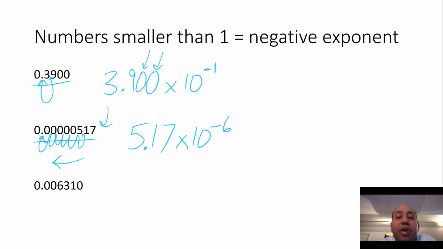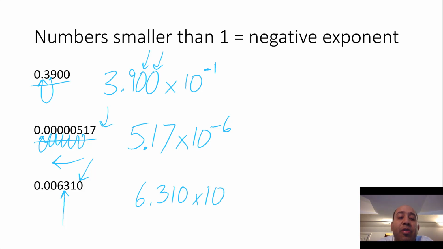0.006310. So why don't you pause the video and try this one. Okay, so now that you've tried it, you can put the dot right between the 6 and the 3 because that makes it between 1 and 10. You have to include that 0 because there's a dot somewhere in the number, so the trailing zeros are significant.